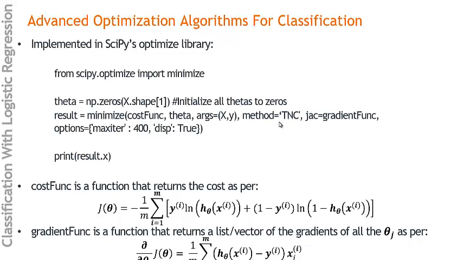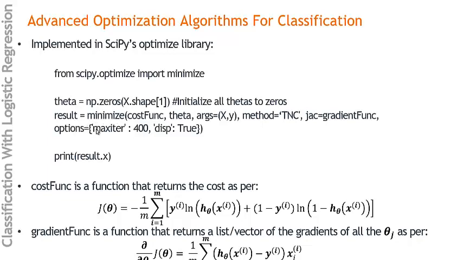Then you specify the method, and that method may have some parameters and some options. Now the method TNC, you would have to look up what this is. TNC requires a gradient function, which is the derivative of the cost function. And in our case, we do know the derivative. So we would also need to define this gradient function as a function of theta, and define that in my program before I call minimize.